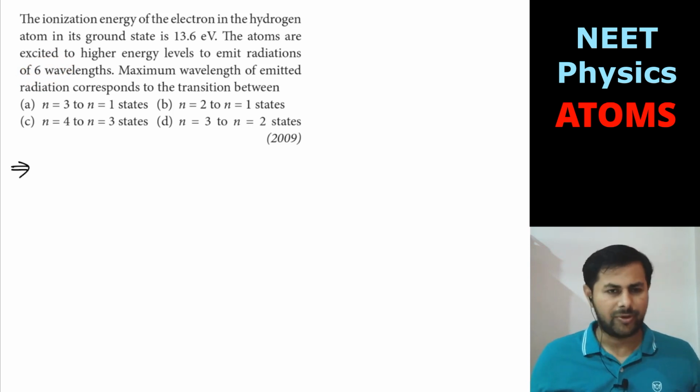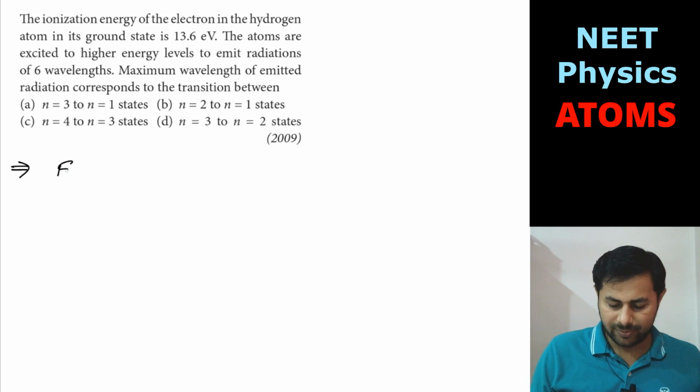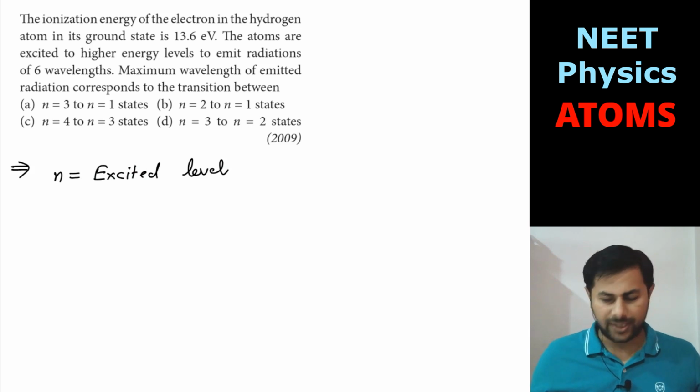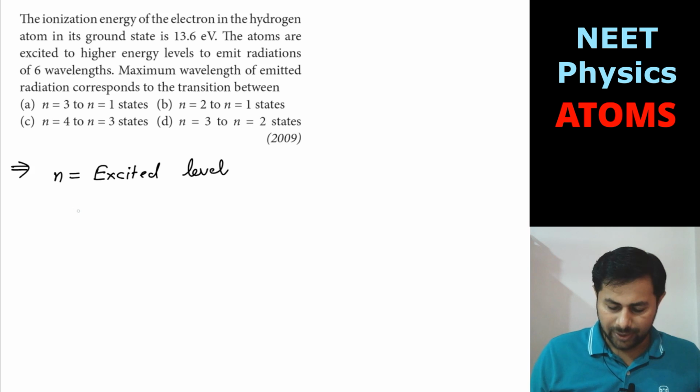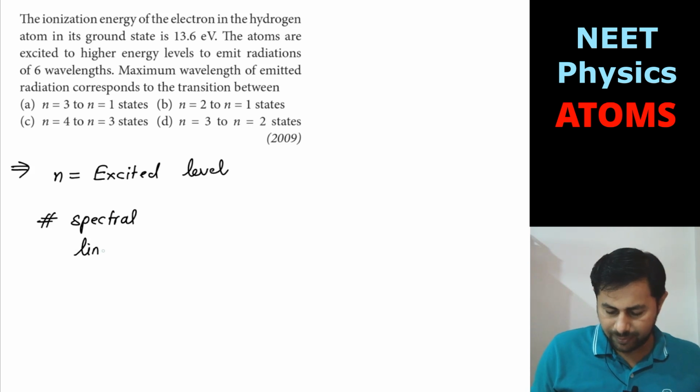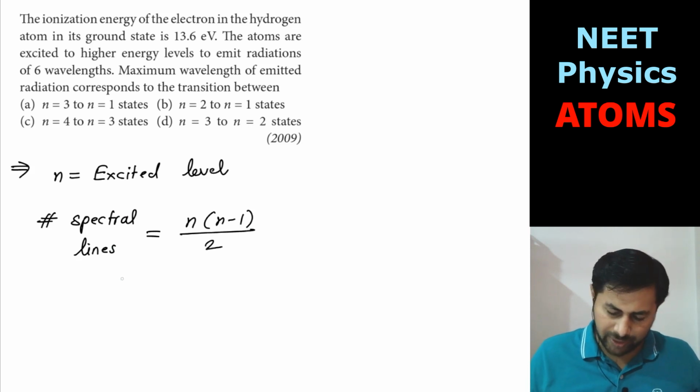So what is the excited level? Let n be the excited state, meaning the number of the excited orbit. Then the number of spectral lines is equal to n times (n minus 1) divided by 2, and this is given to be equal to 6.